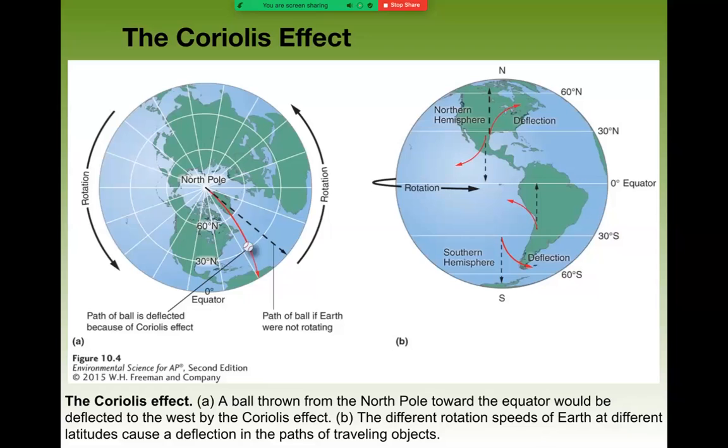Now, this is important because we know in Wisconsin, our weather tends to come from the west. If we look at what we call the jet stream, it represents that air that is moving horizontally to replace the air that is moving aloft in these large scale convection currents.